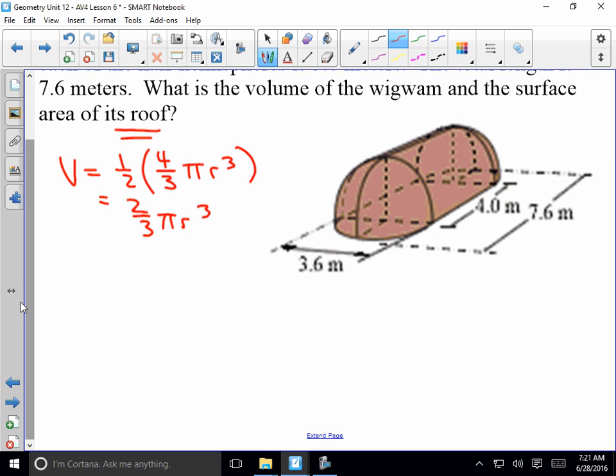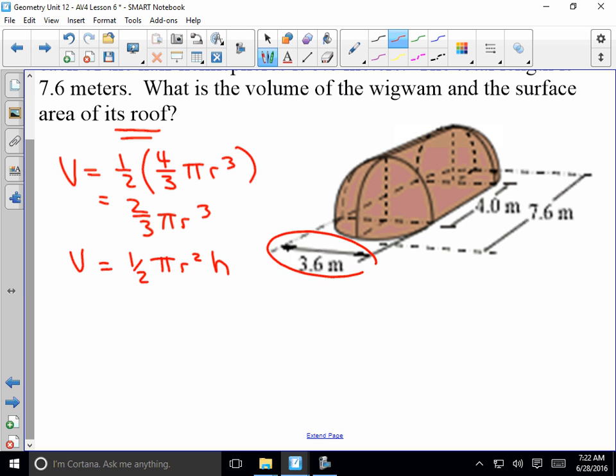And then around the middle, we also have 1/2 of a cylinder, and the cylinder is pi r squared h. So we have to bring those two pieces together. We have the two formulas here, so now we need to fill in and find the overall volume for this shape. So we have to be careful.